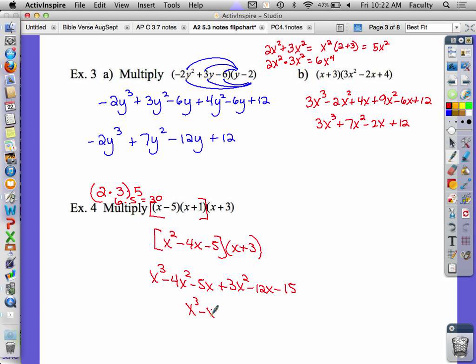Now you guys know that I love math, but I have to tell you that multiplying trinomials times binomials and trinomials times trinomials, it floats my boat. I think it is so fun to do these. Like, I could literally do these all day long and be so happy doing these.